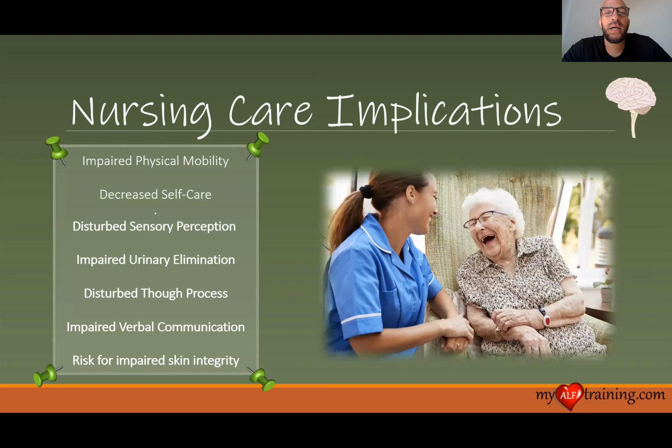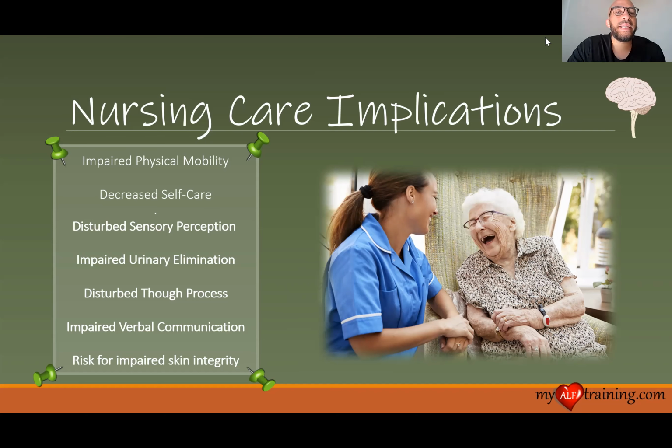So, our slide here, nursing care implications. Okay, what are our nursing care implications for a stroke? What can you expect if you're going to be taking care of someone who had a stroke?